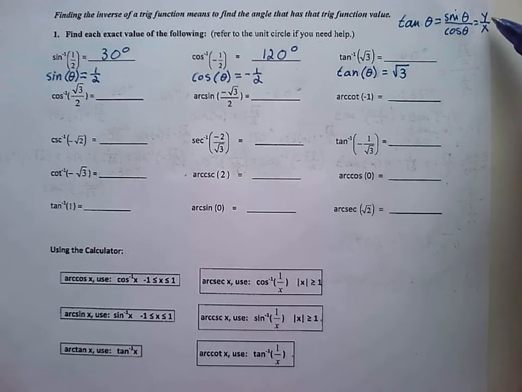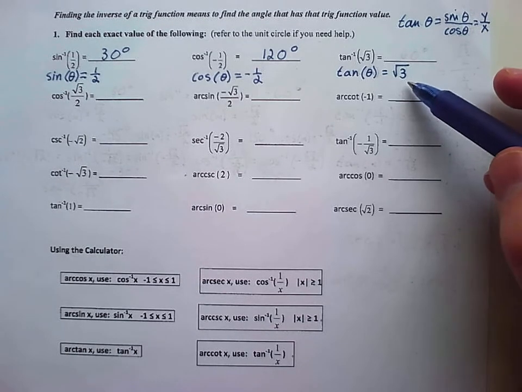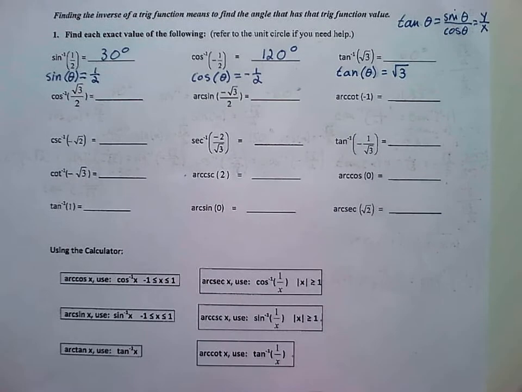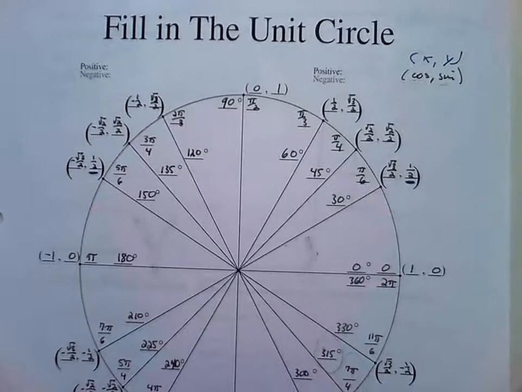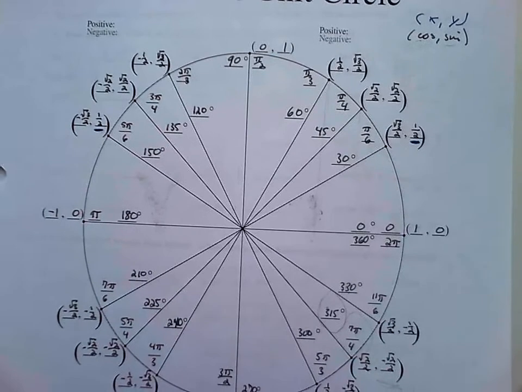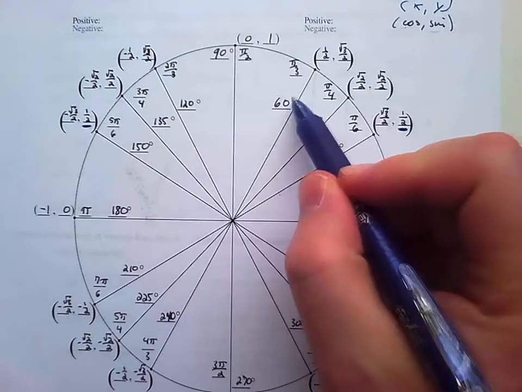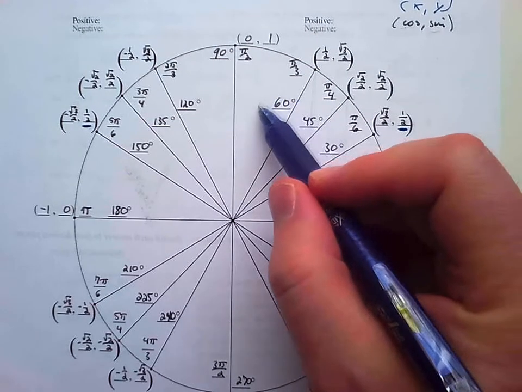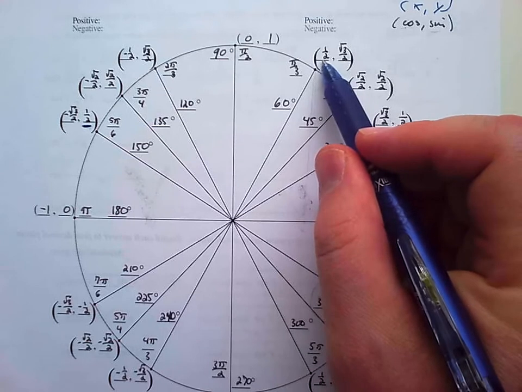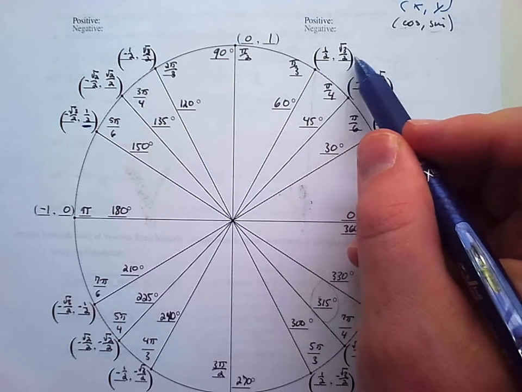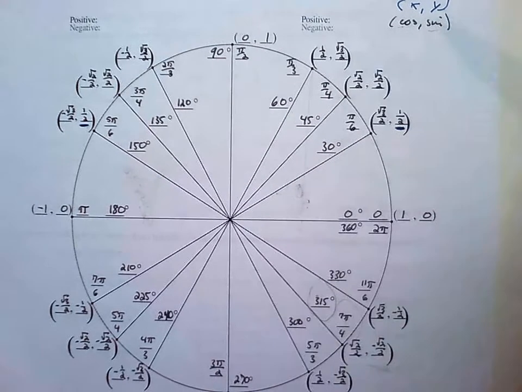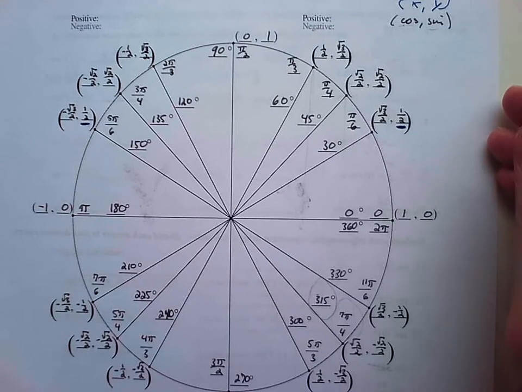So what we're looking for then is that the y value divided by the x value is equal to the square root of 3. So this one takes a little bit of extra arithmetic here. But if we take a look at 60 degrees, the x value is 1/2, and the y value is the square root of 3 divided by 2.